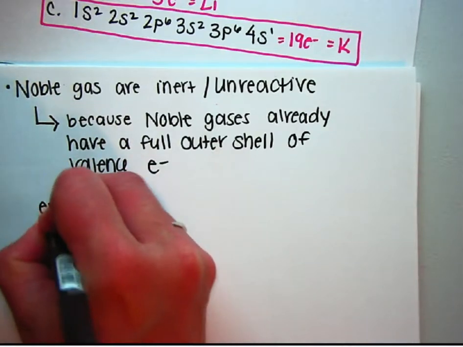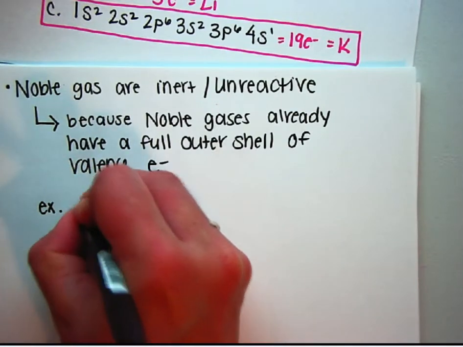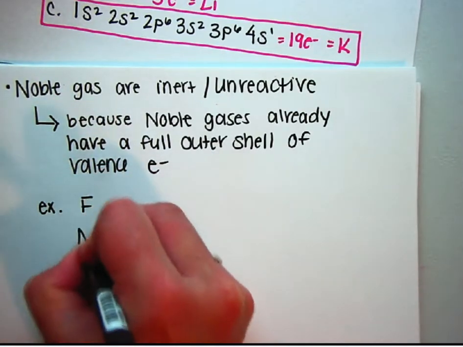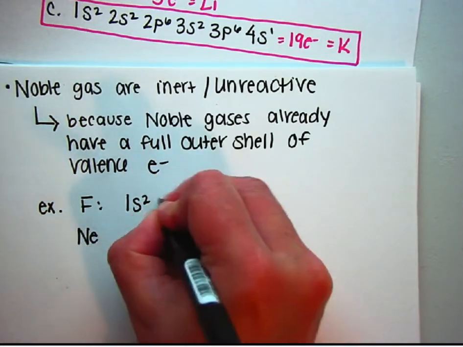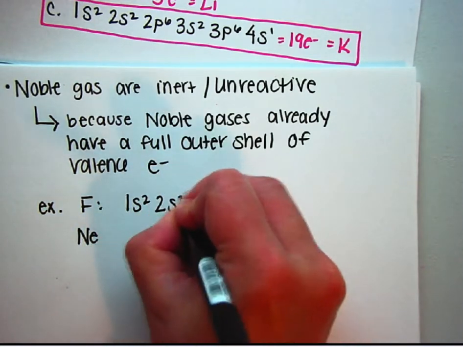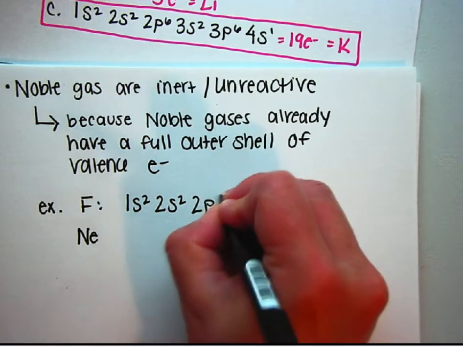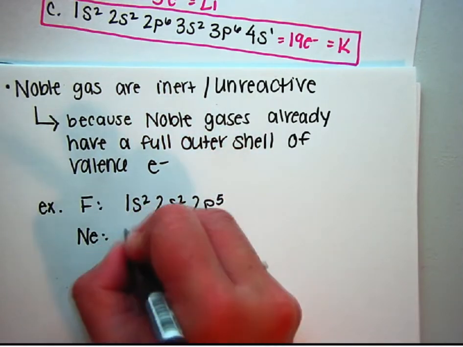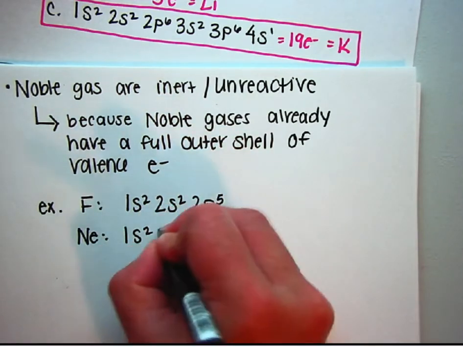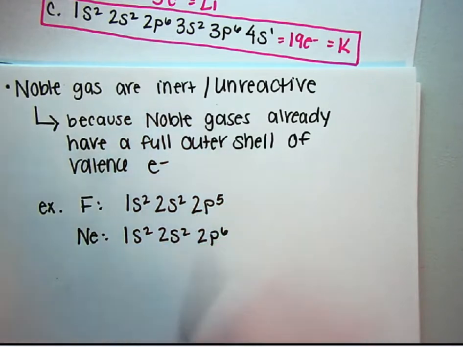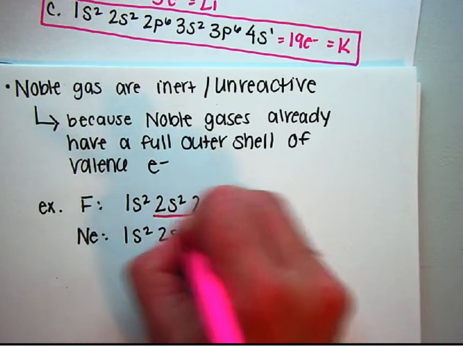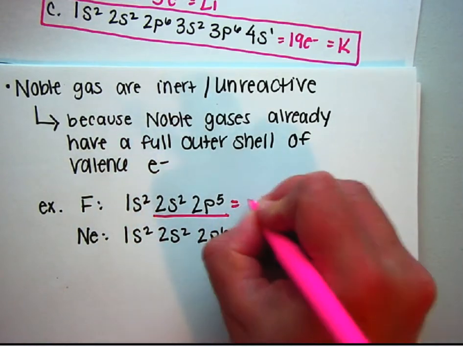So let's look at something like fluorine versus neon. Fluorine has an electron configuration of 1s2, 2s2, 2p5. Neon would be 1s2, 2s2, 2p6. Again, valence electrons are in the outermost energy level.